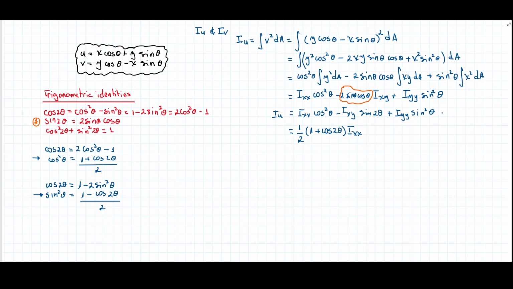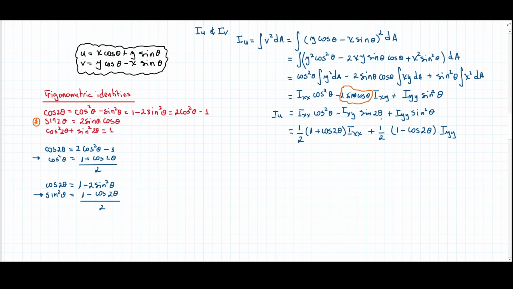So I could write this one here, the other one kind of in the back, plus 1/2 of 1 minus cosine of twice the angle times this moment of inertia, or second moment of area. And then I have also this sine of twice the angle.